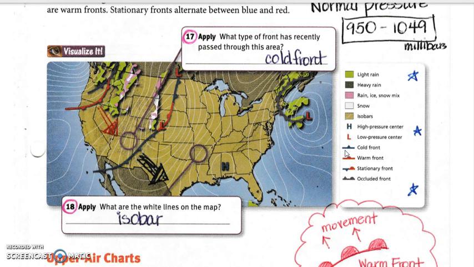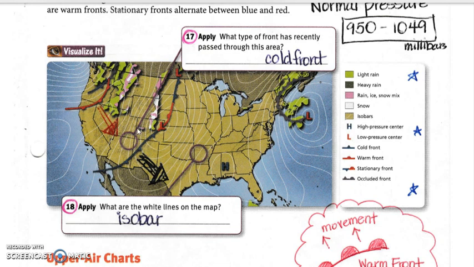Okay. A cold front is going to be marked with a blue line with blue triangles. And the triangle tips are going to point in the direction that the cold front is moving. So for instance, here, this on the map is a cold front, and this cold front is moving this way, meaning that back here there's cold air, and up here is warmer air compared to the air behind it. So this colder air is doing the moving.